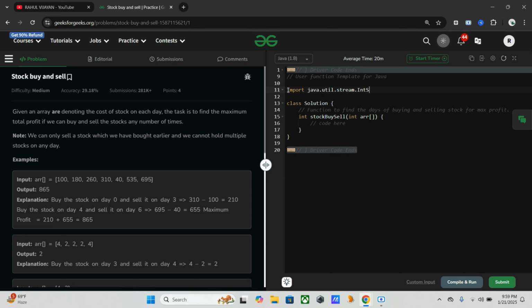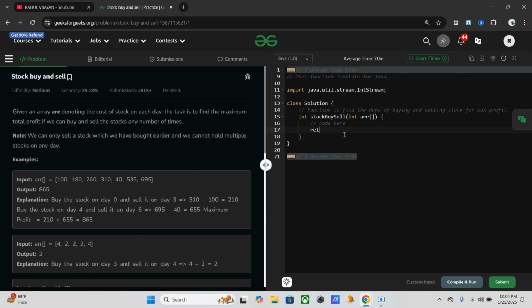IntStream. So here we have our method and our function stockBuySell with one input array. So we just need to write one simple code.